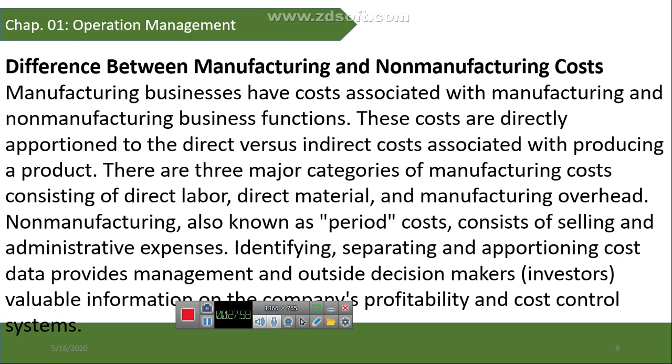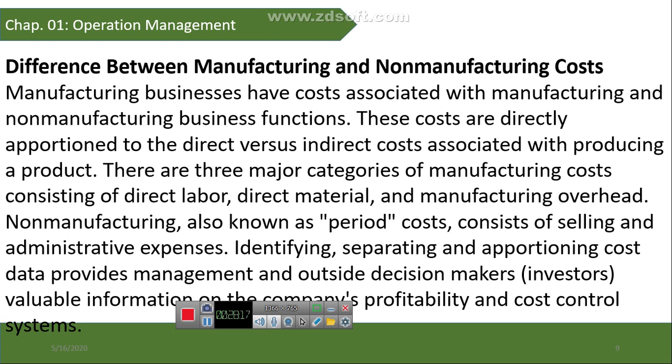Non-manufacturing costs. Non-manufacturing costs are necessary to carry on general business operations but are not part of the physical manufacturing process. These costs are represented during a period of time and are not calculated into the cost of goods sold.